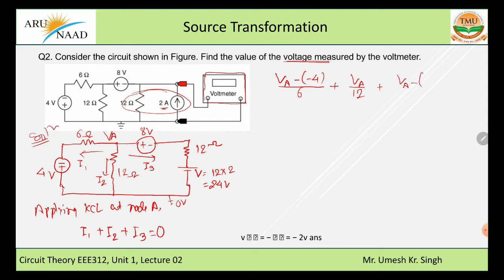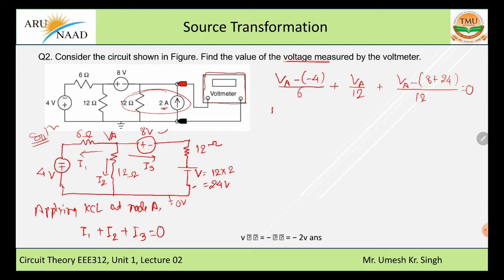VA. In this branch 8 and 24 volt are connected and both are having the same type of connection, so it can be written as 8 plus 24.